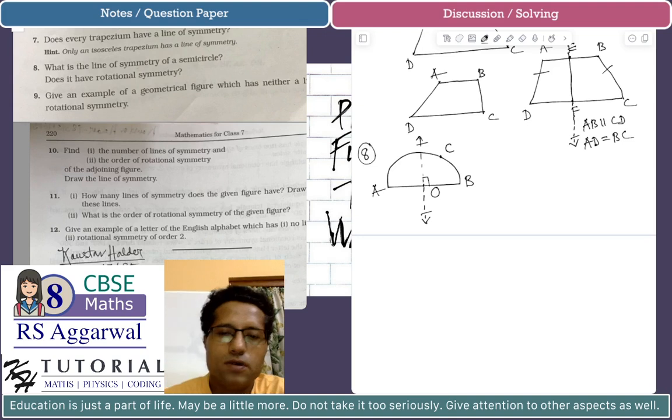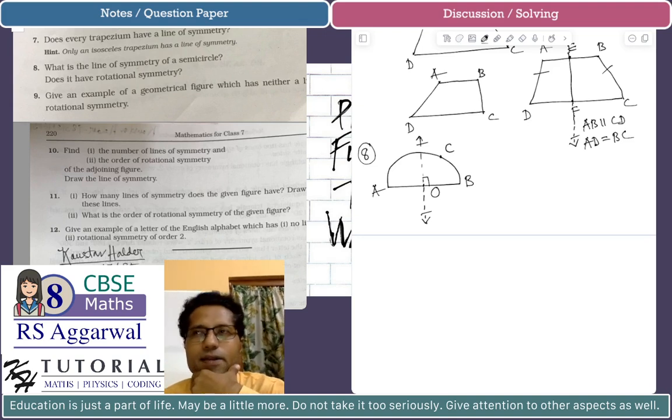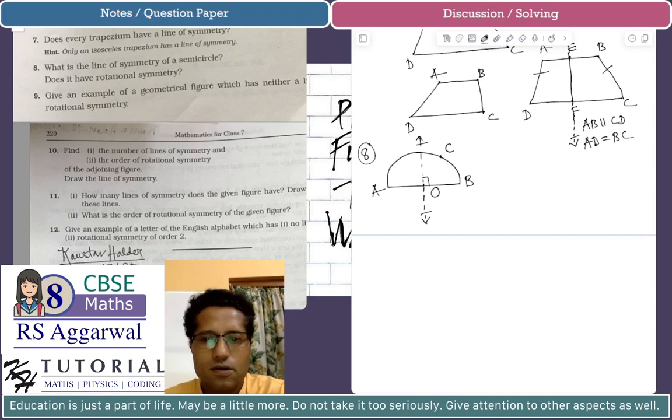Any figure having only a single line of symmetry, can it have a rotational symmetry? No, I don't think so. A semicircle doesn't have any rotational symmetry.